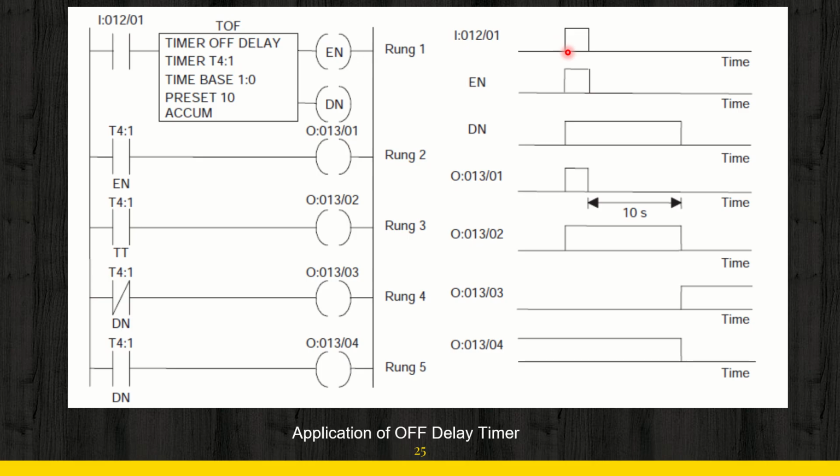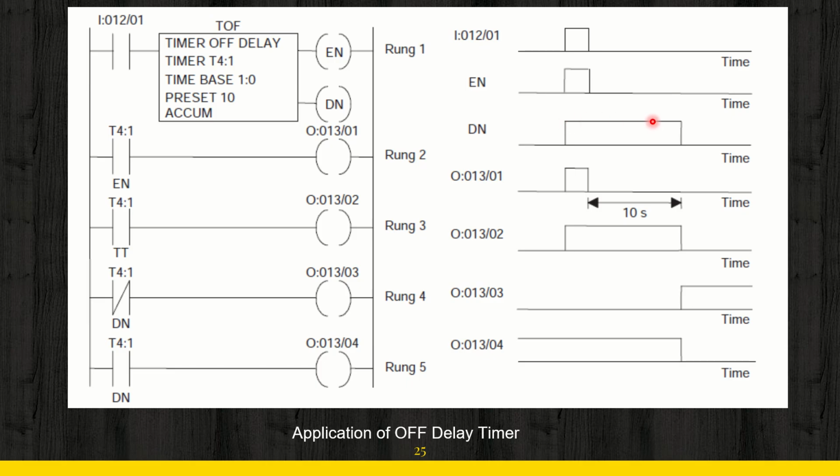This is the input. So for that short duration, the enable will remain high. Now you can see how the done bit will behave. It will start at the same point as the enable bit or the trigger bit, that is the input bit. It will become 1 from 0.